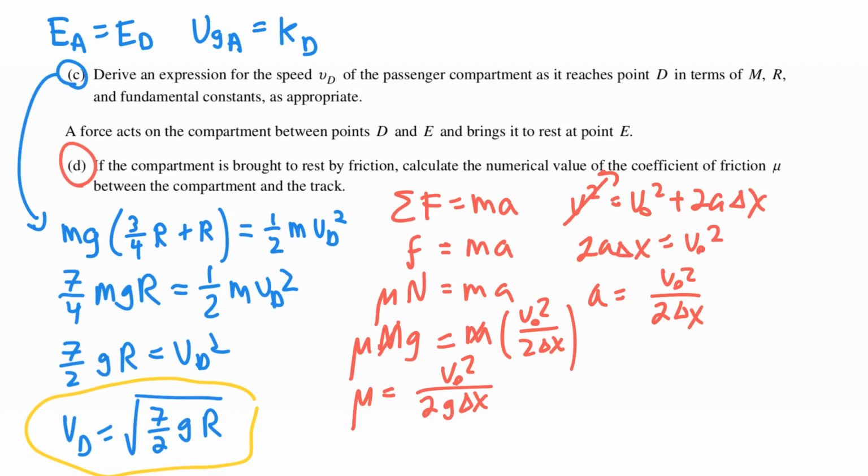They tell us in the problem that delta x, the distance that it travels between points D and E, can also be expressed as 3r. So I'm going to write this as v naught squared over 2g times 3r.